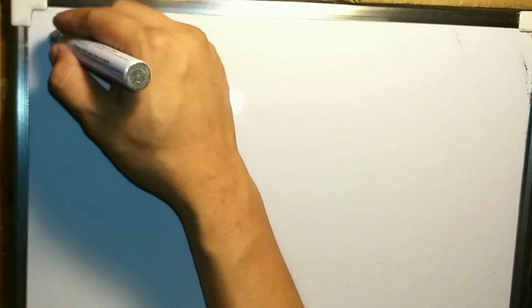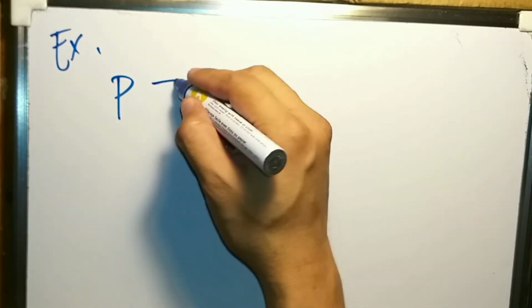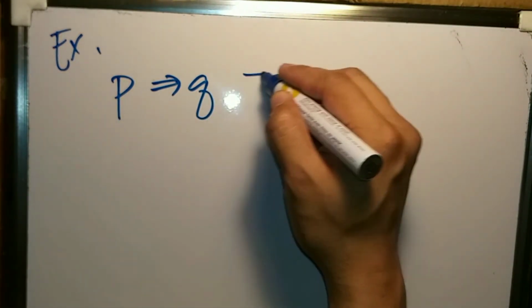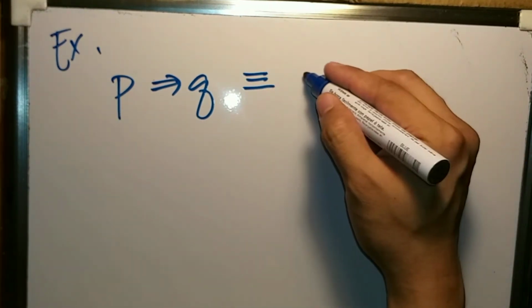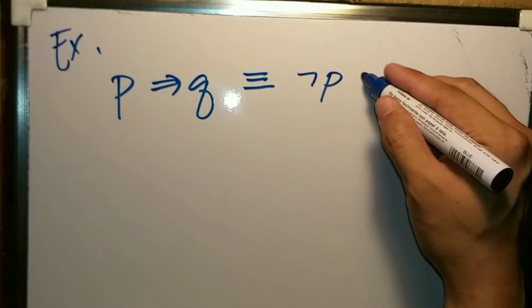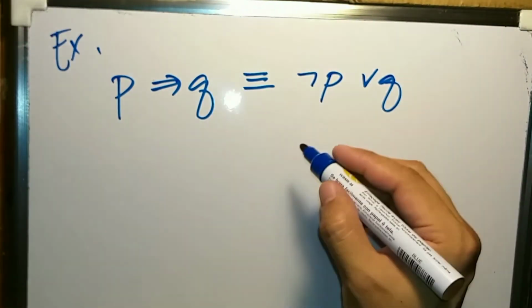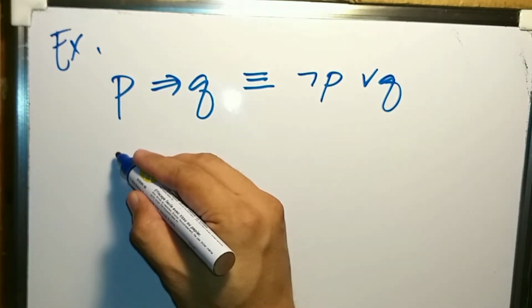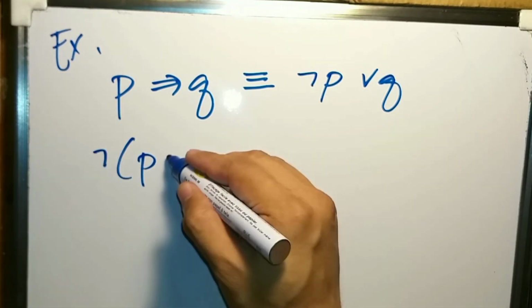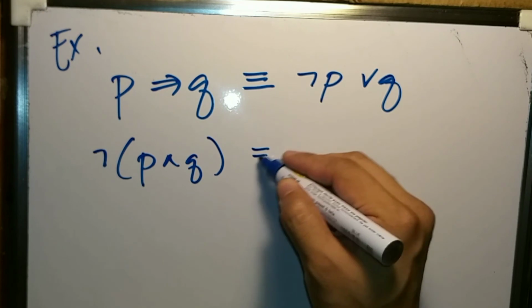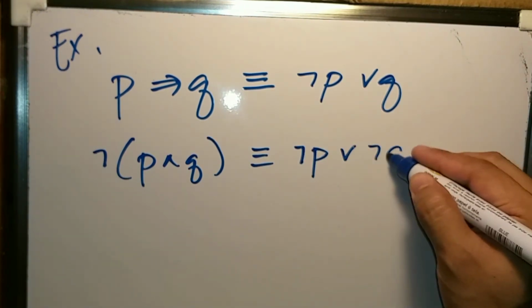For example, the proposition P implies Q is logically equivalent to the proposition not P or Q. Also, not (P and Q) is logically equivalent to not P or not Q.